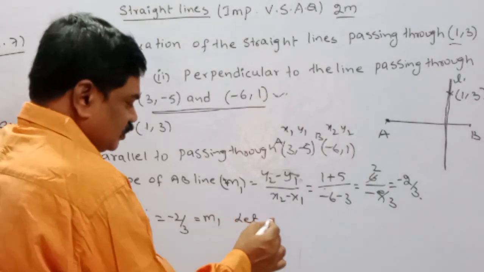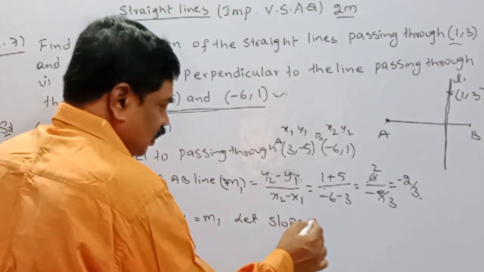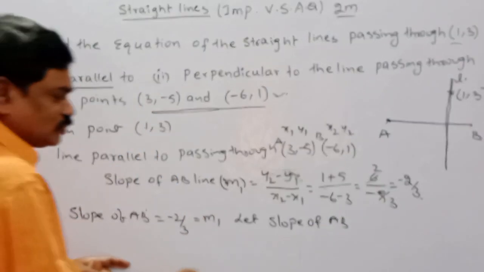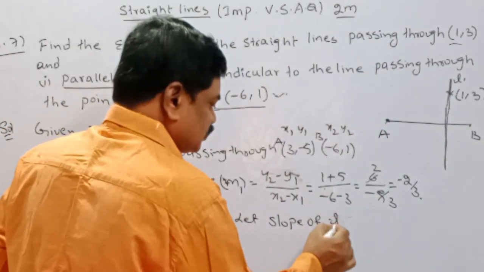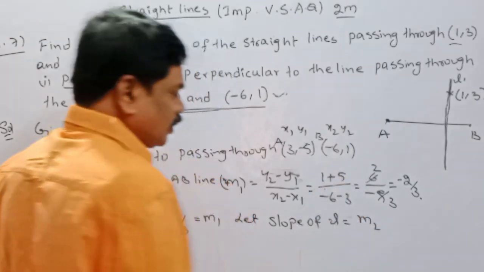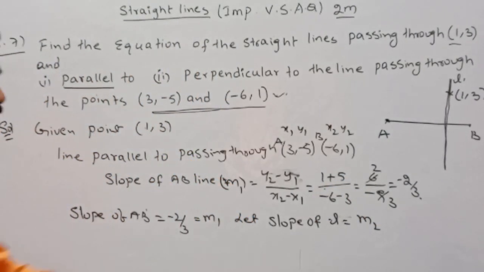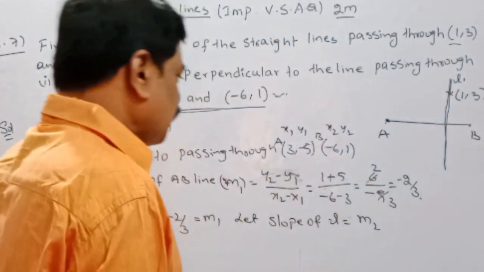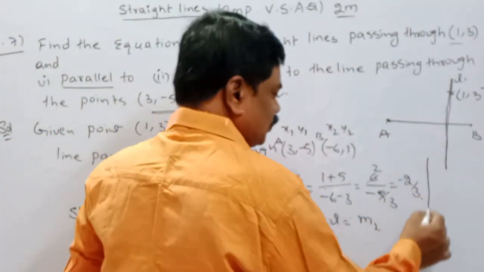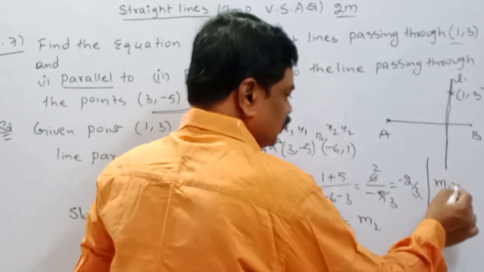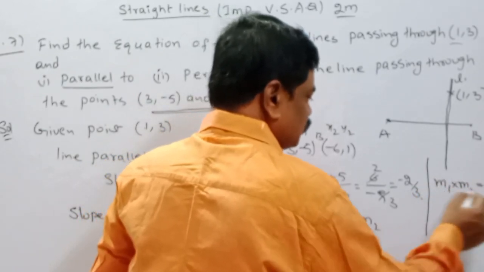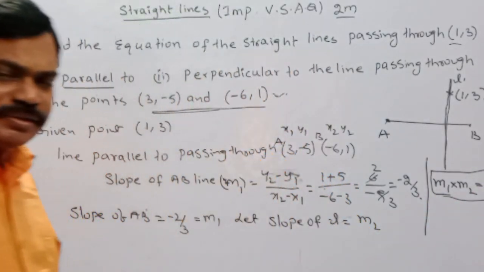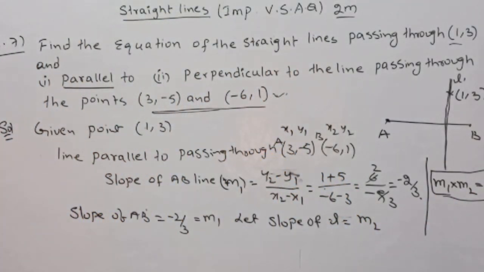Let the slope of AB be minus 2 by 3, and the slope of L be m2. Here these two are perpendicular to each other. If two lines are perpendicular to each other, m1 into m2 is equal to minus 1.